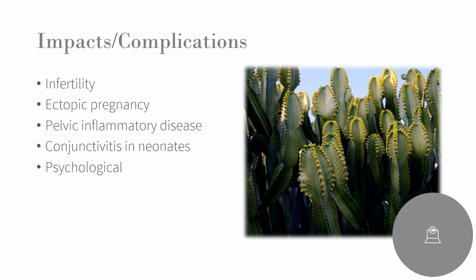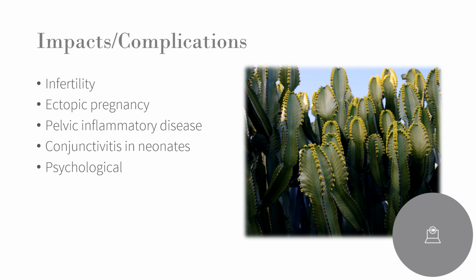There are a lot of impacts and complications of chlamydia that a lot of people don't realize because it can be cured. A lot of people don't think it's a very big deal, but as I mentioned before, it can cause infertility in women, and is a very big cause of infertility.